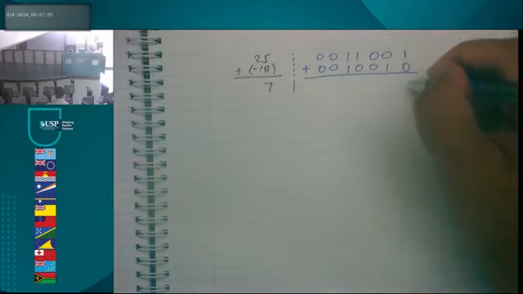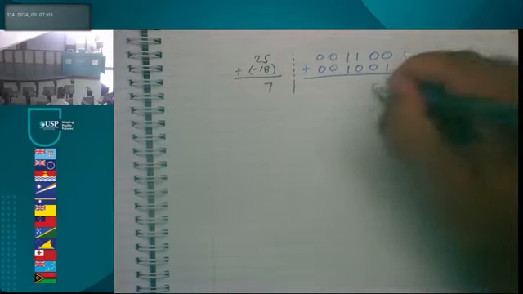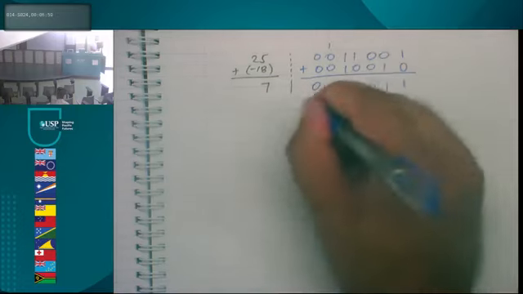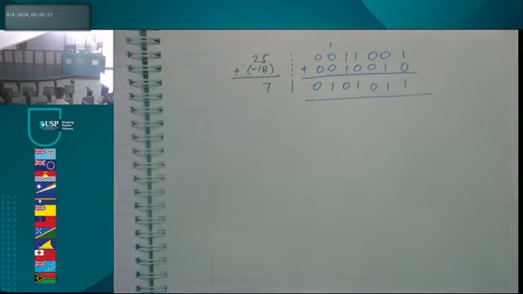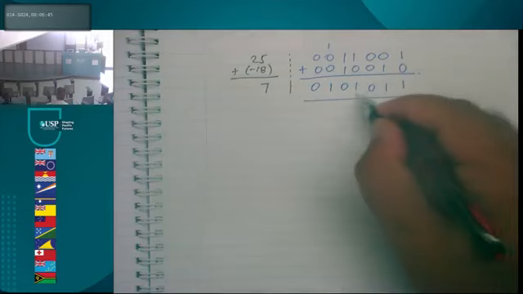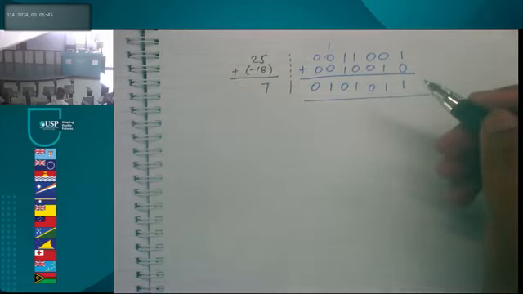Let's add this up. 1 plus 0 is 1, 1, 0 carry 1. Can we convert that number? Oh, sorry, I was supposed to use this one, eh? Okay.